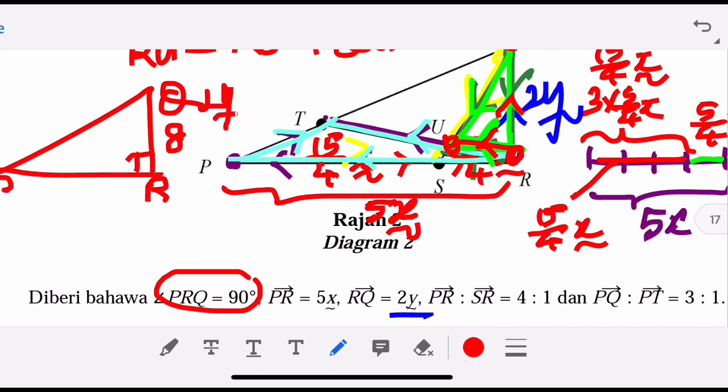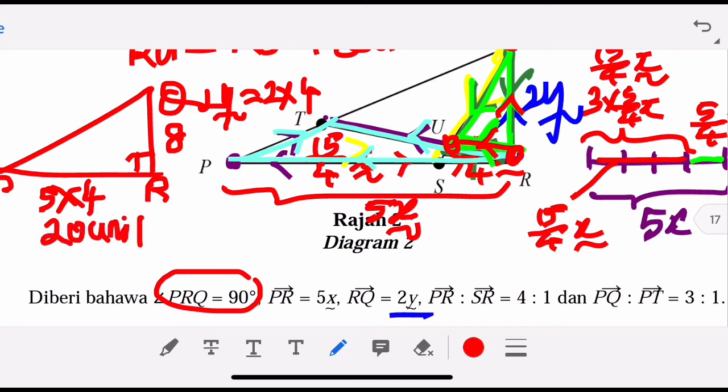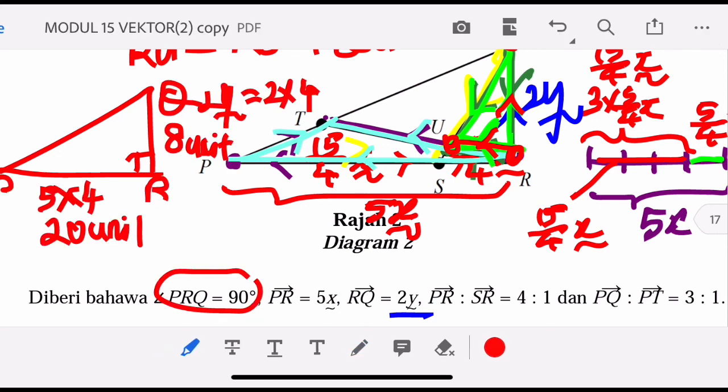So it's 2 times 4, which is 8 units, right? So that is how you find the length. So the length is always positive. So for the PR, we have 5 times 4. Why? Because one vector x is actually 4. So we have 20 units and then 8 units.